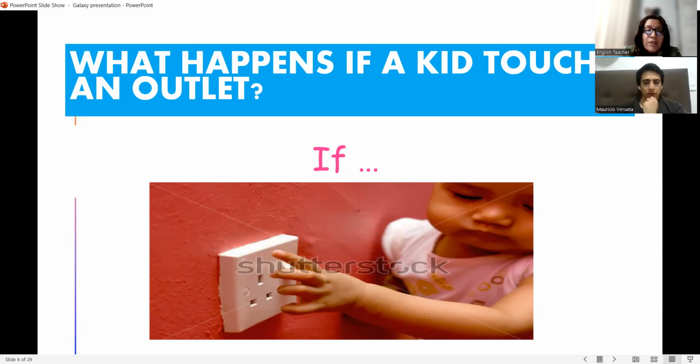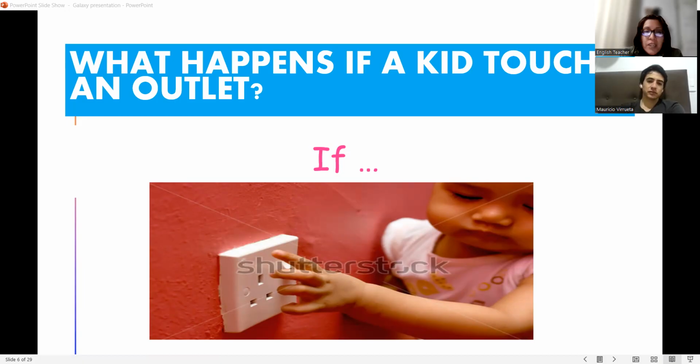When you use the zero conditional, you can only use present. So you use can. You never use could because it's not a possibility. It is a reality. When we use the zero conditional, it's something that is happening, a fact.